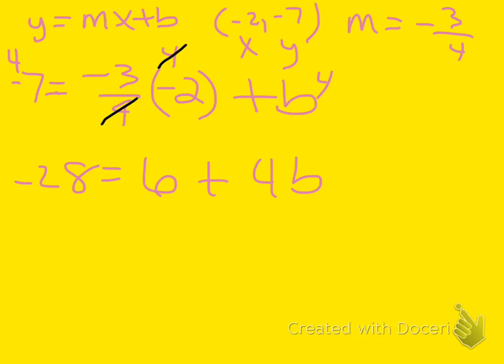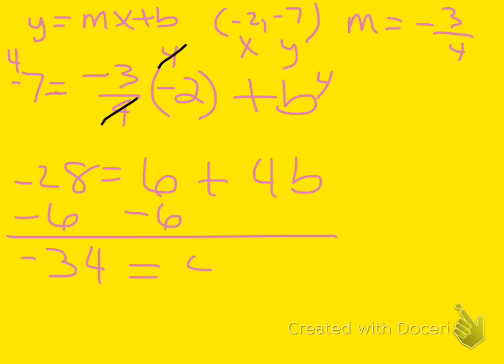And then we will subtract 6 from over here, so that'll become negative 34. And then divide by 4, divide by 4.